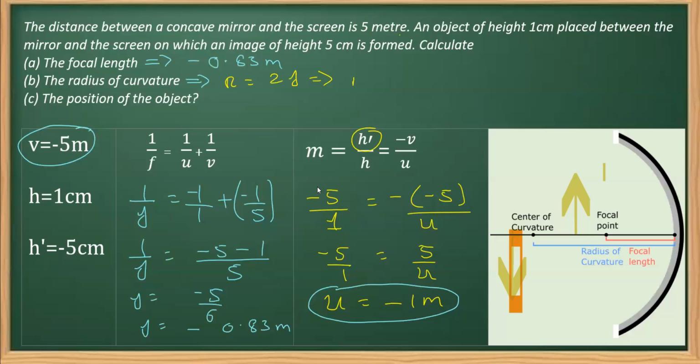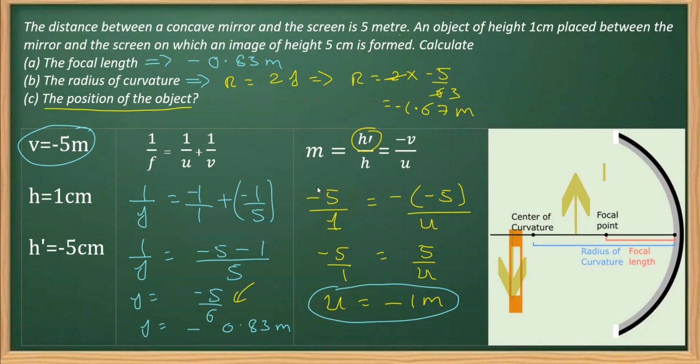So the radius of curvature will be twice this value, that is twice minus 5/6, which gives minus 10/6, or on reducing, minus 5/3, which is minus 1.66 meters.